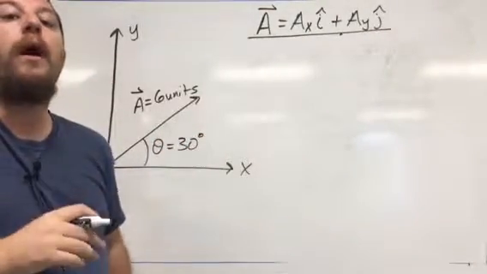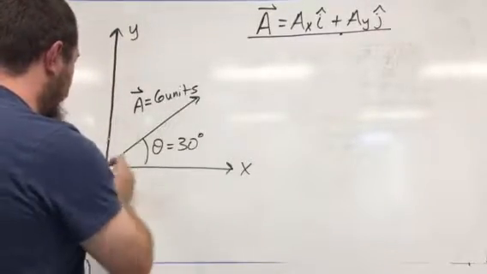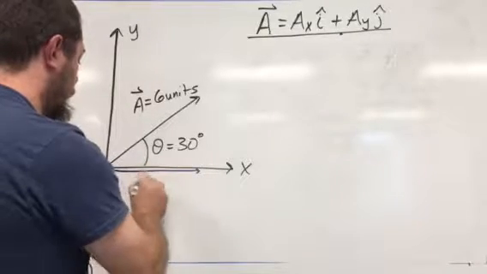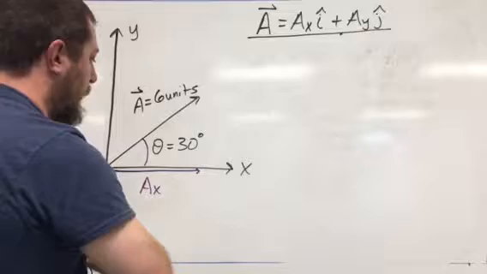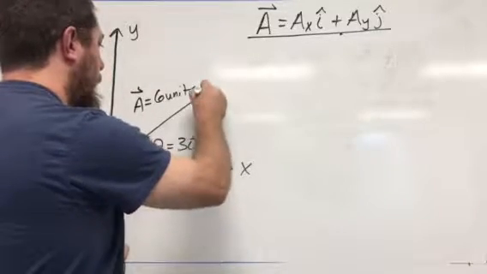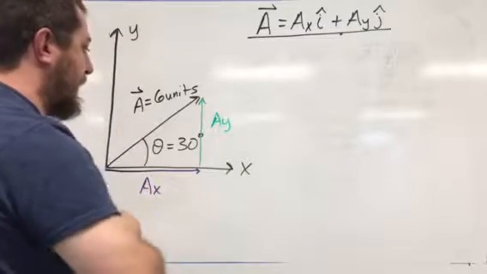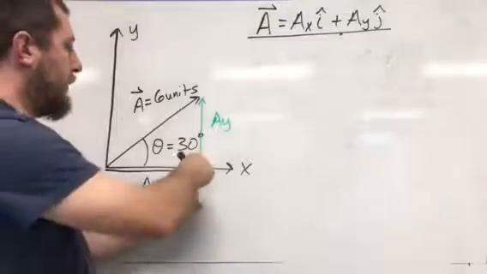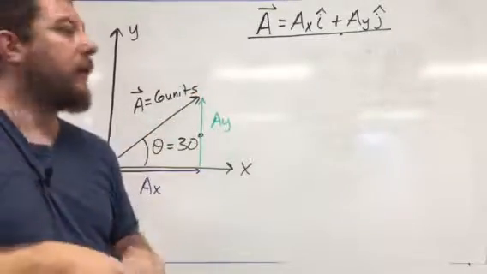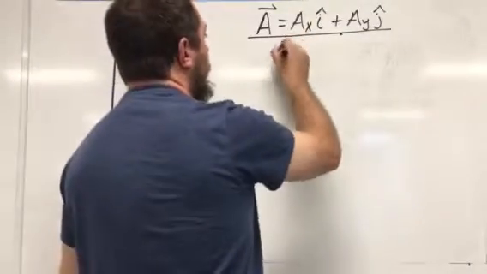Okay, now I want to know what is the x component along the x-axis here, and I want to know what the y component along the y-axis is. Now, technically, this arrow should exactly hit up here. My drawing is not perfect, but you get the idea. So I want to know what AX and AY are.